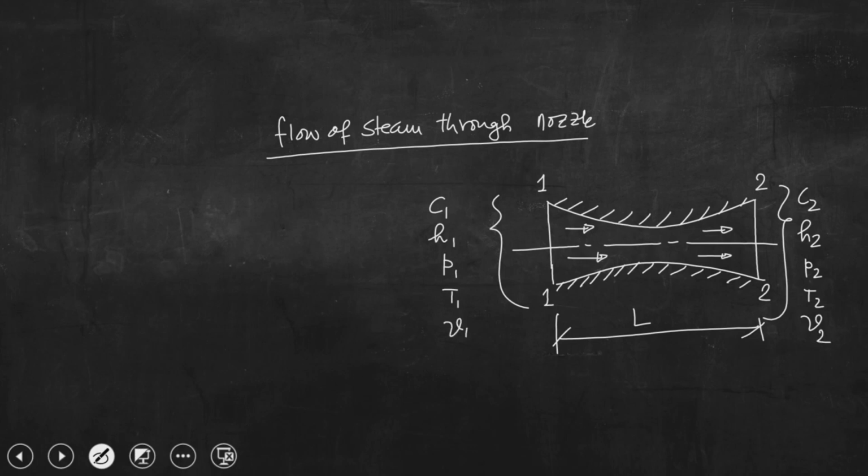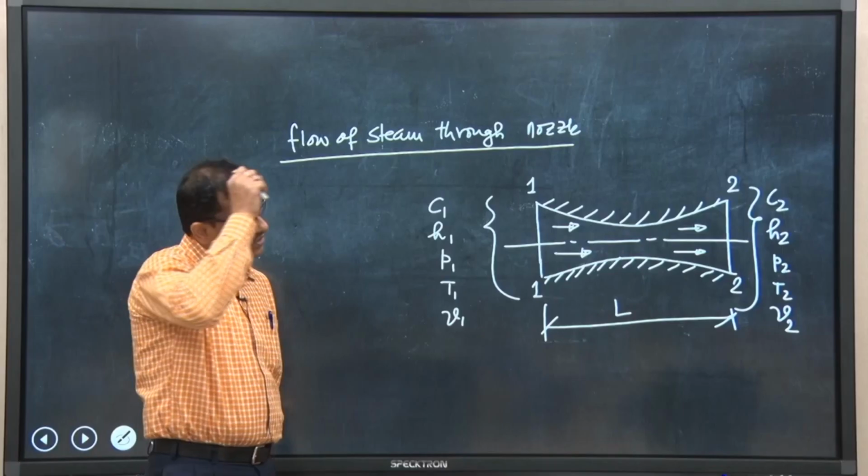Now, steam has high enthalpy at the inlet of the nozzle, and that enthalpy should drop, and at the cost of that drop of enthalpy we get high velocity.